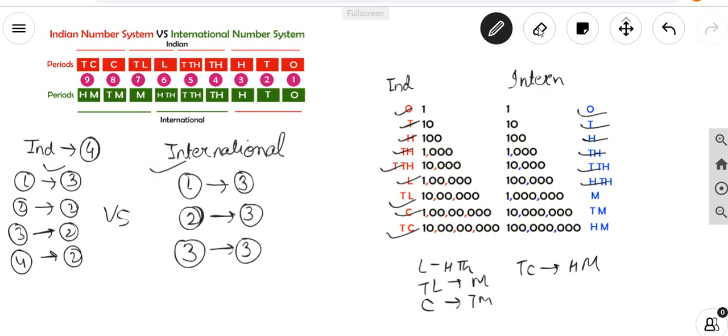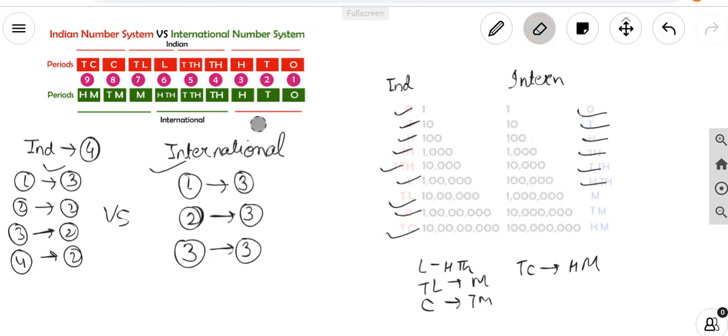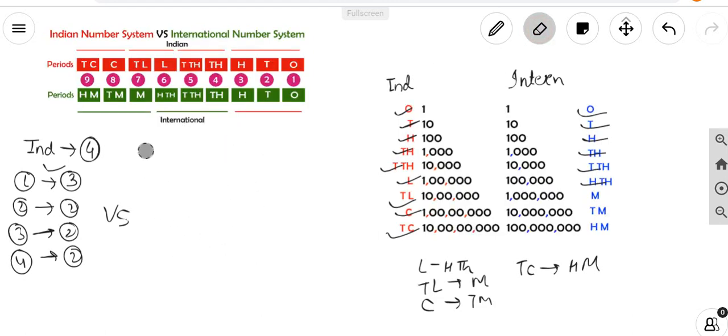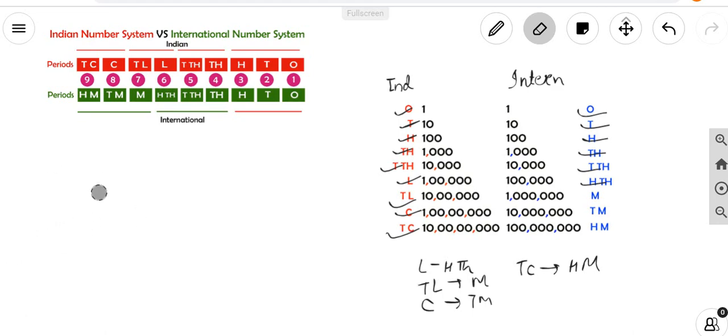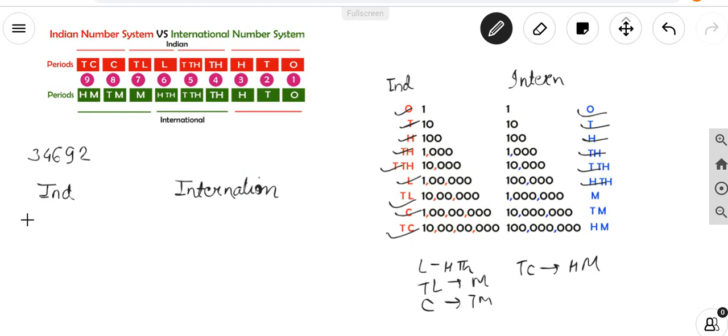So for more clarity we will take an example. If we have the number 3 4 6 9 2, we have to write this number in both number systems, Indian and international.